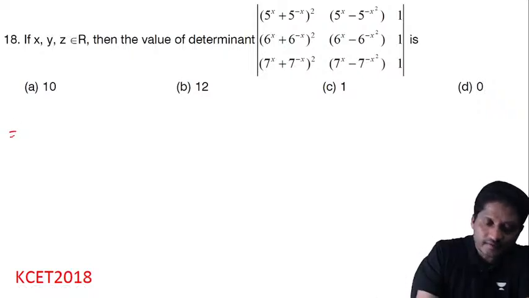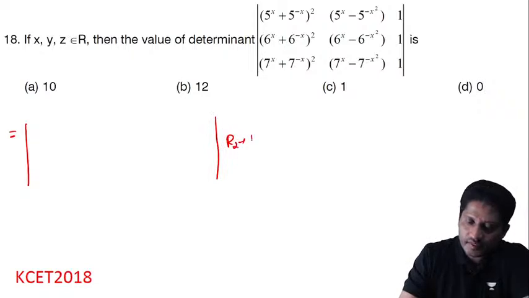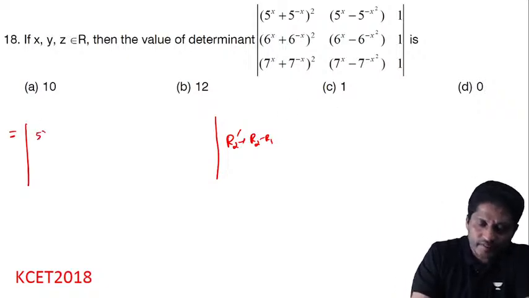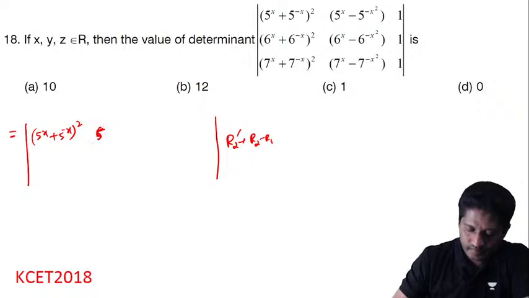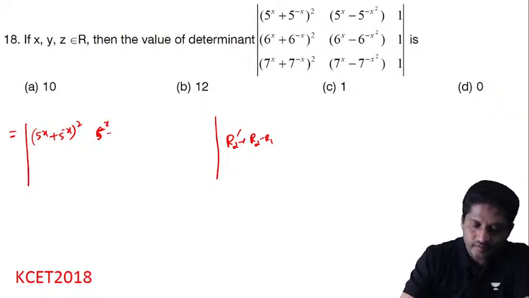If I change R2 to R2 minus R1, 5 power x plus 5 power minus x the whole square, minus 5 power x minus 5 power minus x the whole square. Then this will be 1.